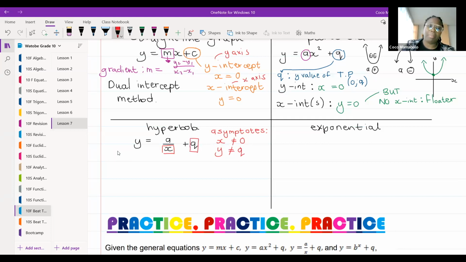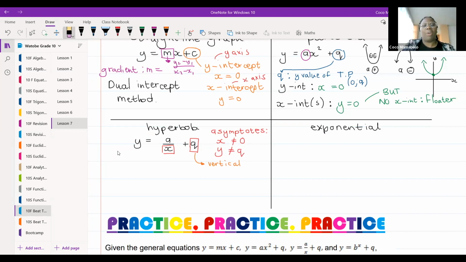But remember, it's not actually an asymptote. Basically, it's a vertical shift. It just moves the asymptote of y up or down. Technically, it should be y is equal to q. Actually, let me write them.